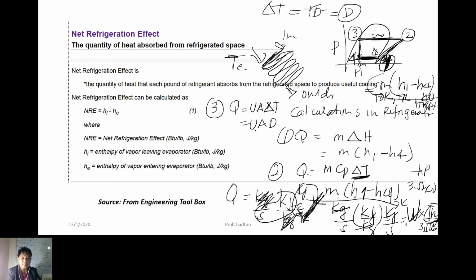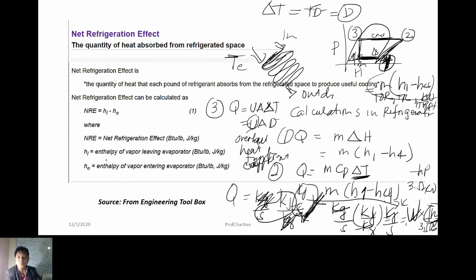So, makakakuha rin tayo dyan ng unit ng load or capacity because this one is the overall heat transfer coefficient. Magkakaroon tayo ng mga sample dyan mamaya. Huwag kayong mag-alala. So, overall heat transfer coefficient times the area times the temperature difference.